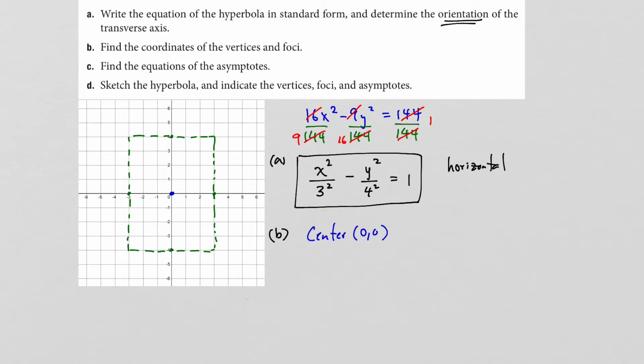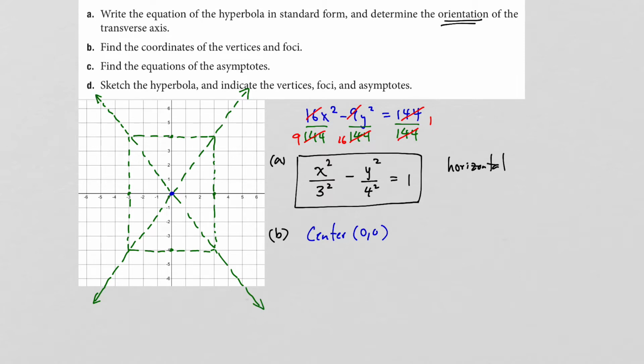So one of our diagonals is going to go through this corner of the box, the center, and then the other corner of the box. And so that diagonal will look something like this. And we continue that in the other direction. And this should be a dotted line because it's not actually part of the graph. And then in the other direction, the other diagonal, we have another one like that. Okay, and that is our asymptote.